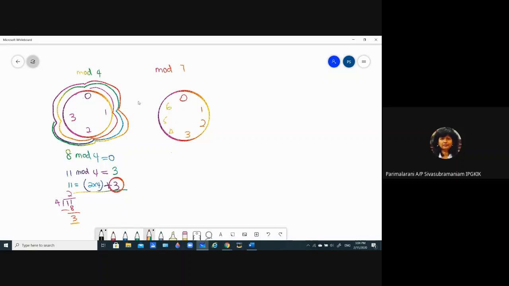What is 9 mod 7? So we start from 0 here and we count 1, 2, 3, 4, 5, 6, 7, 8, 9. So 9 mod 7 is 2.